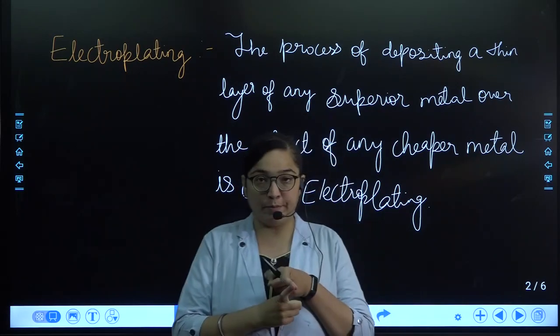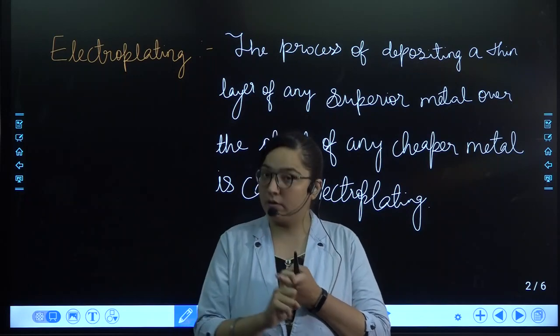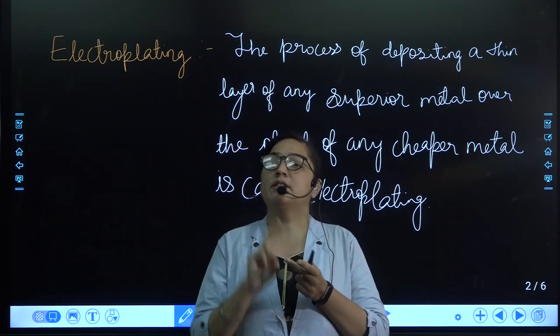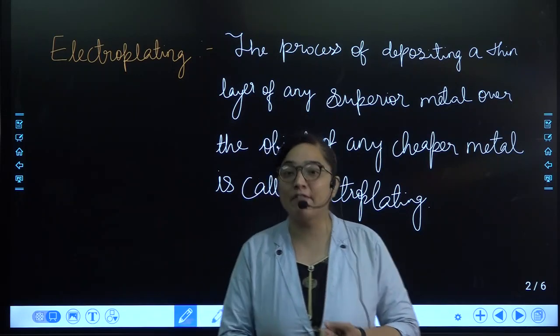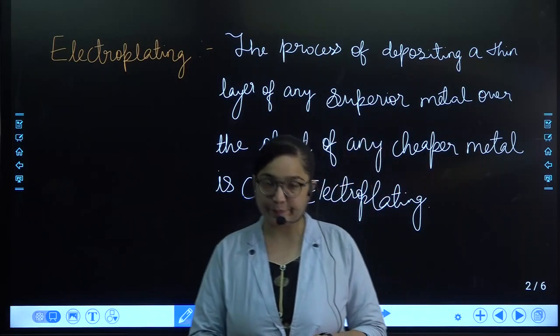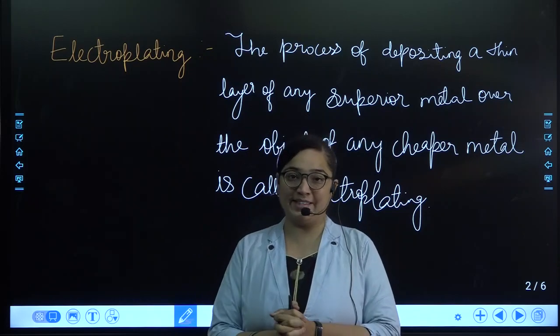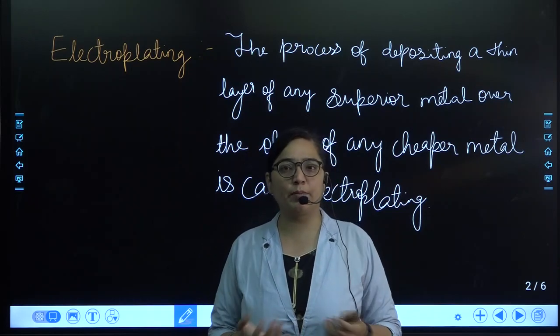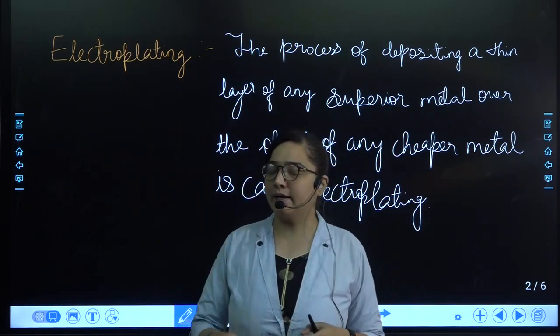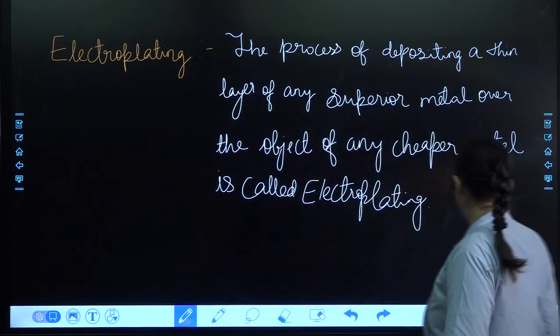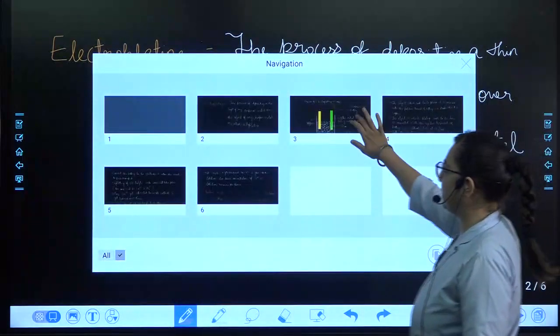For decorative purpose, and for preventing corrosion. These are the two main purposes why we are doing electroplating. Then coming to the key point of today's lecture, how is electroplating being done? Let us understand once again with the help of this diagram.